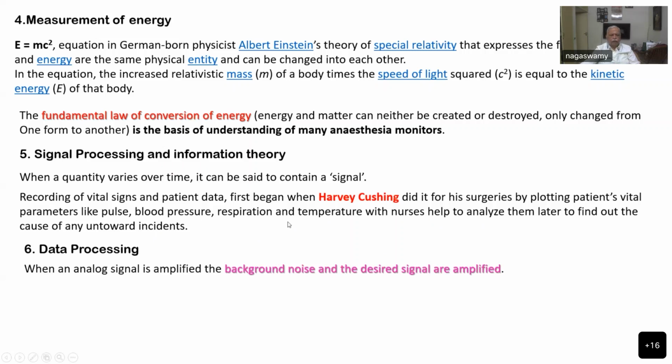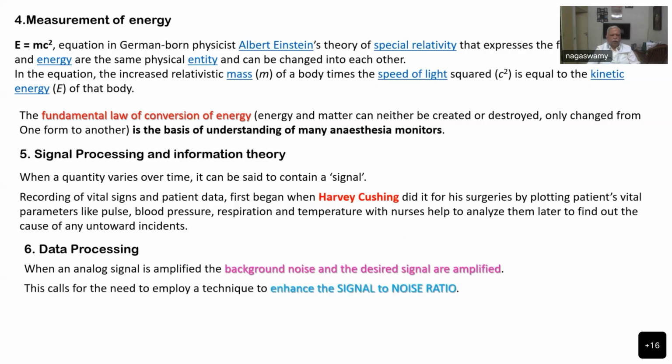Whenever your signal is coming along with the background noise from the machine, you should be able to amplify the signal so that you can correctly measure or interpret the signal rather than the noise. So this signal to noise ratio should be quite good so that the signal will be projected better than the noise.